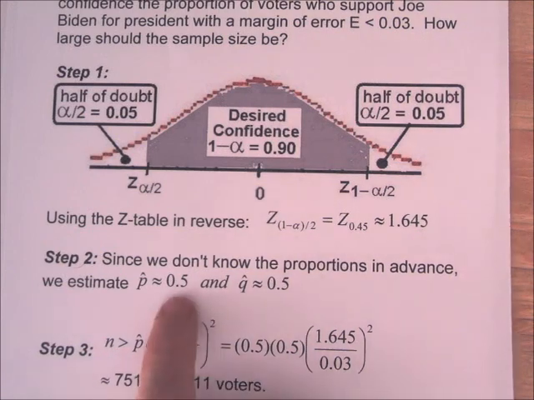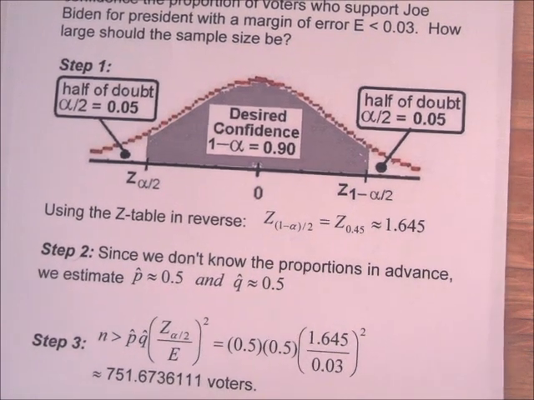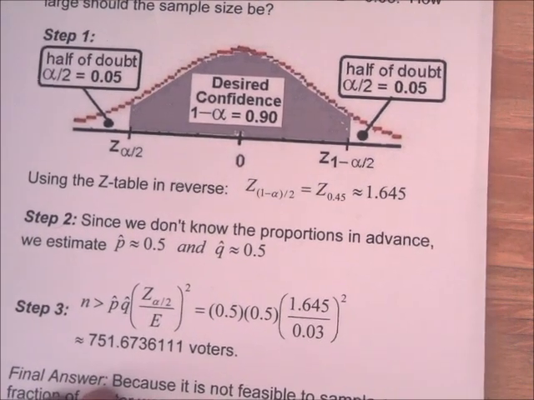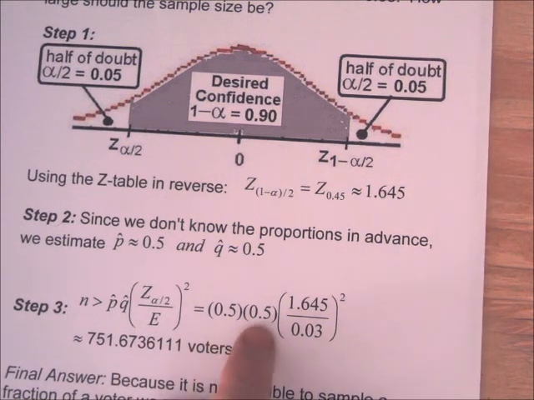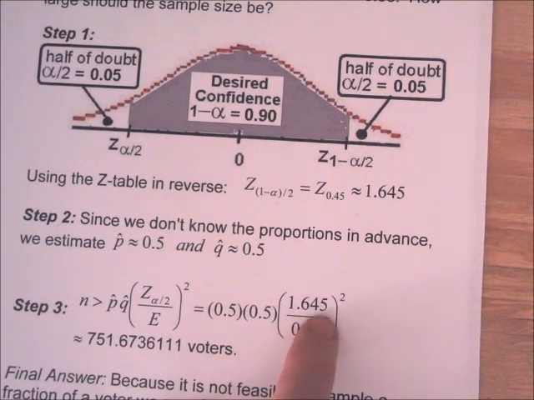And then we can plug into this formula: p hat times q hat times the number from the z-table divided by our desired margin of error. So it's 0.5 times 0.5 times 1.645 divided by 0.03, and that fraction squared.